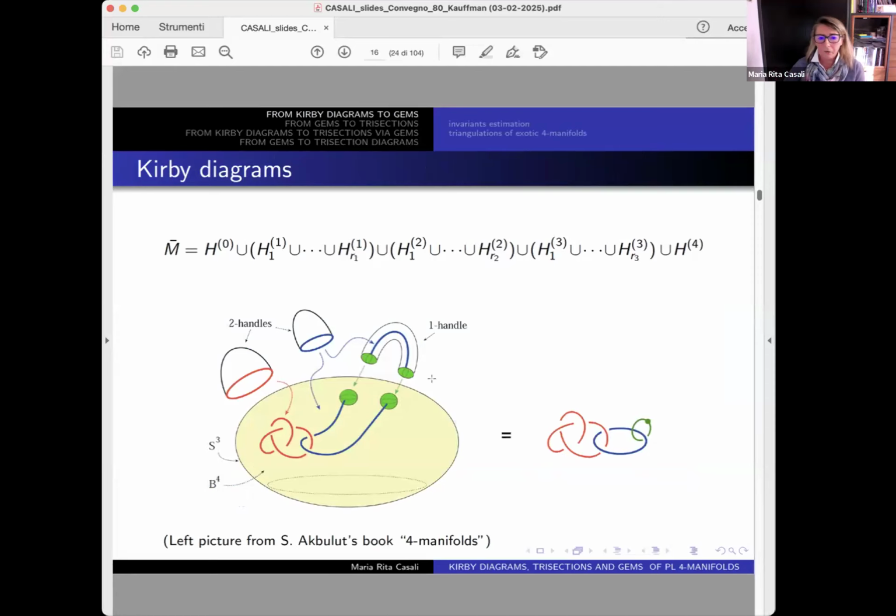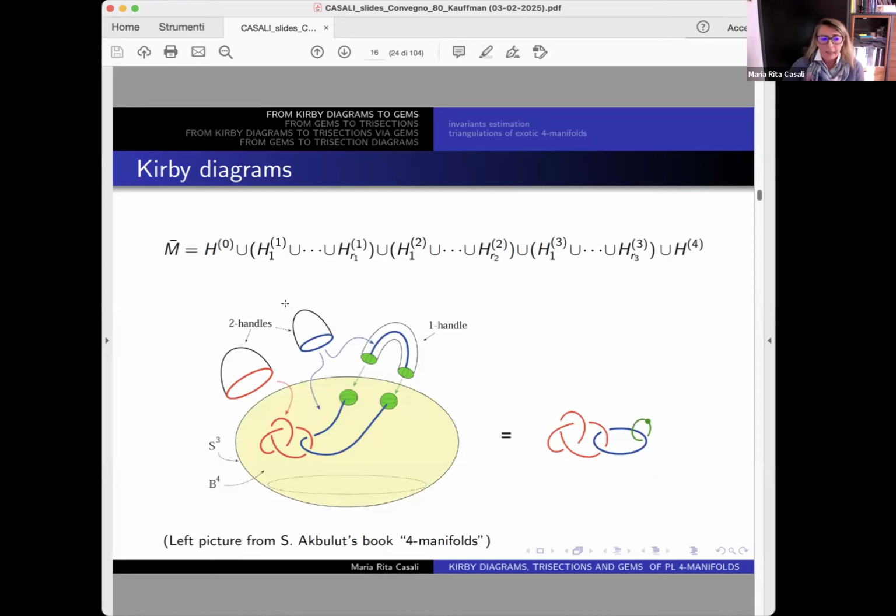As it is well known, Kirby diagrams are a commonly used representation tool for closed PL manifolds in dimension 4, encoding their handle decomposition. According to Akbulut's notation, 1-handles are depicted via trivial dotted components, while framed components describe the attachment of 2-handles.